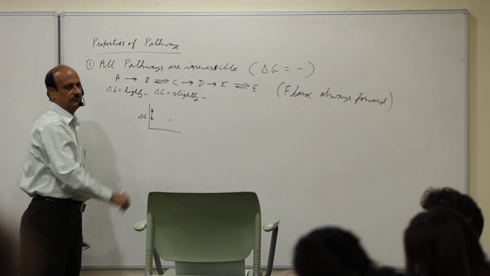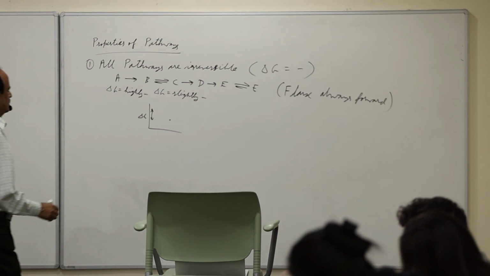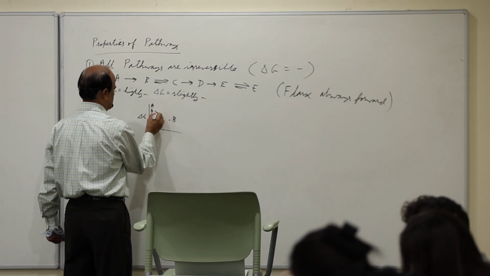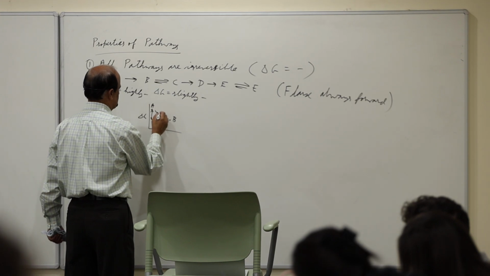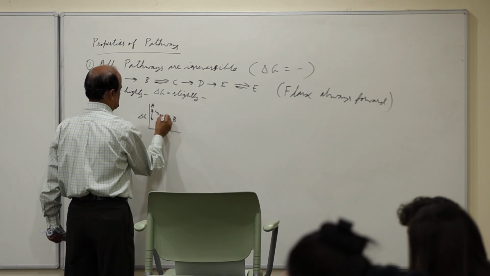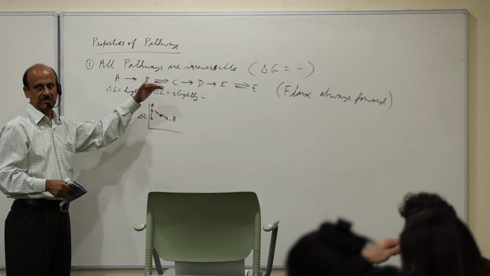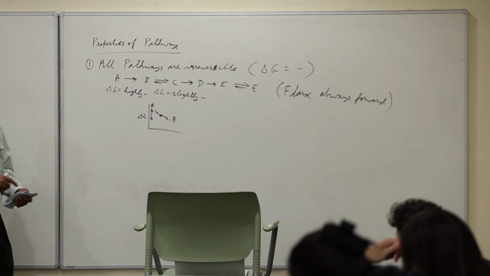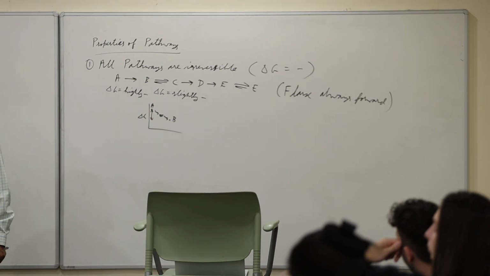So there will always be energy that is released in a pathway. So A is going to B through these steps. Some of them may be reversible, and some going down. If you have a reversible step that is slightly negative, if you have an irreversible step that is highly negative, eventually it goes from A to B, which is at a lower energy level.